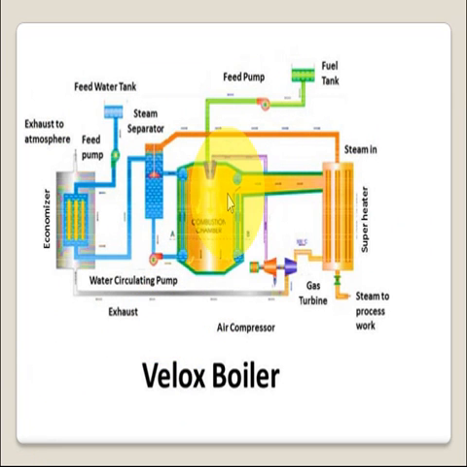This shows the picture of the Velox boiler, which consists of a fuel tank, fuel pump, then we have the combustion chamber, then there is the feed water tank, economizer, steam separator, then here are the water tubes, superheater, gas turbine, and axial flow compressor for compressing air.